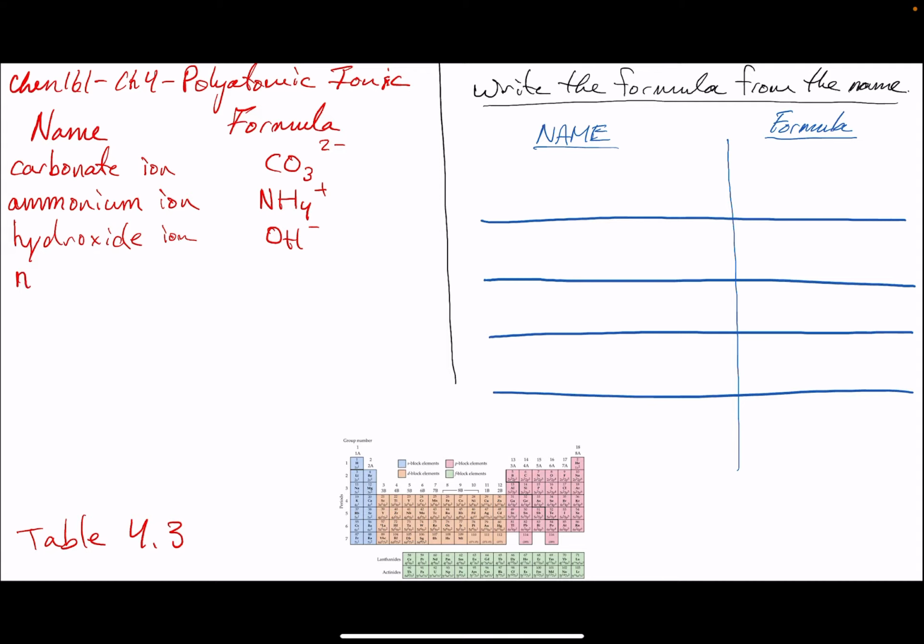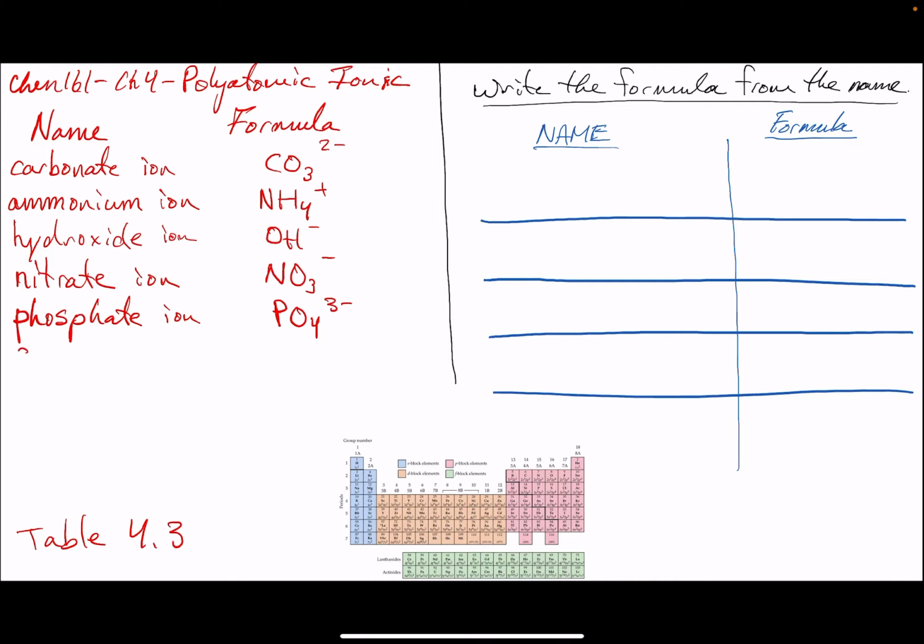The next one is the nitrate ion. This is an anion with formula NO3-. Again, all 3 oxygens are bonded to the nitrogen, and that whole architecture has a -1 charge. Next one, phosphate ion. And this is PO4 3-, a 3- charge on the overall architecture of 4 oxygens bonded to a phosphorus.